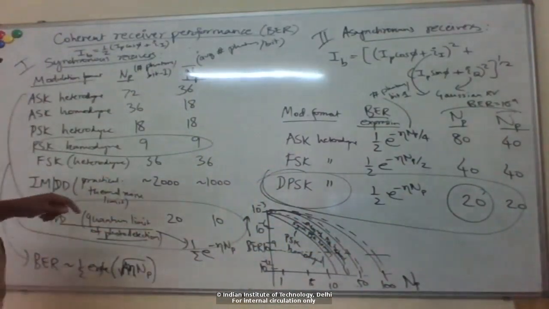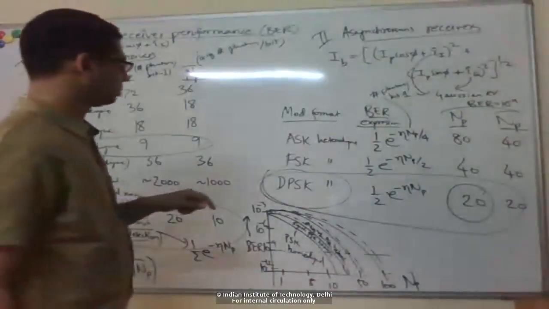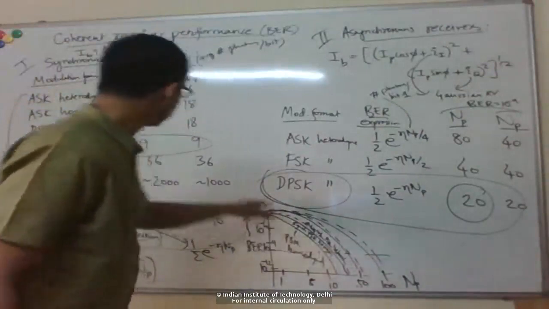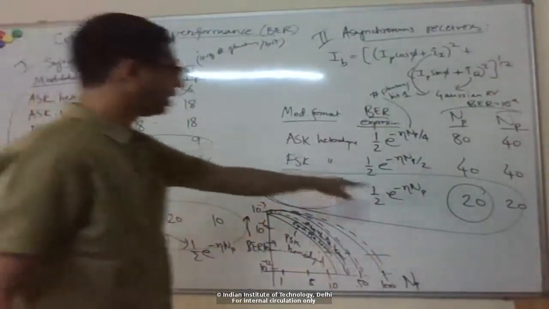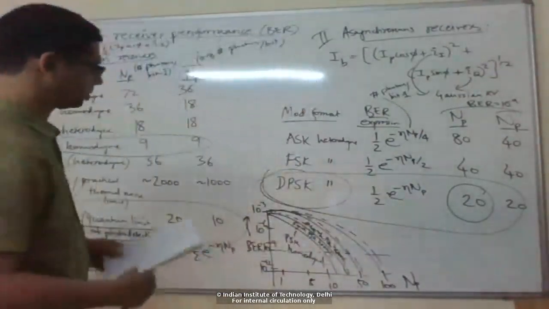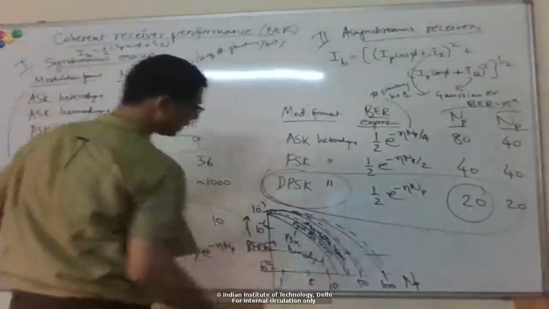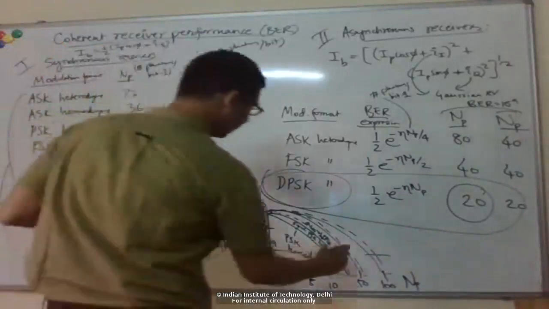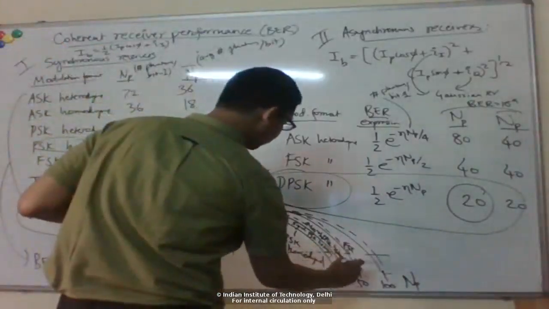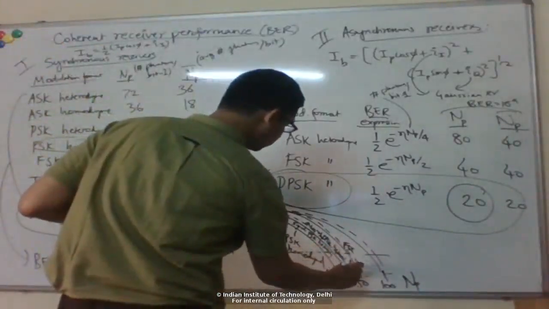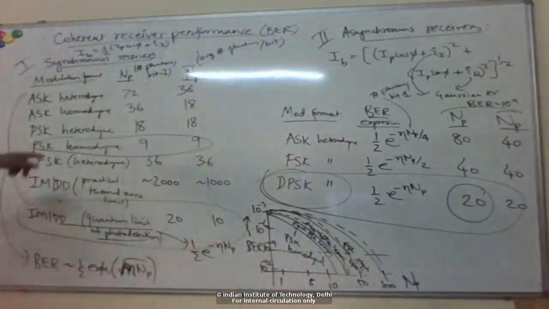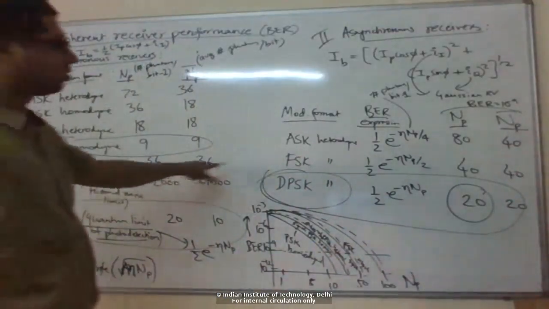Right, so you can see that it cuts at 18 for the synchronous and 20 for the asynchronous PSK. And then we have FSK here, again synchronous and asynchronous, which cuts at 36 and 40.